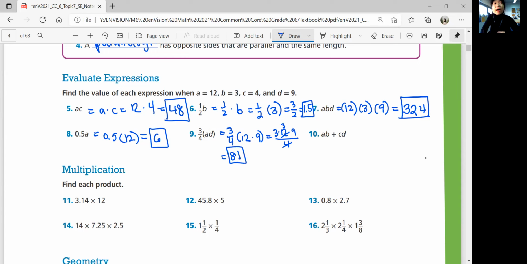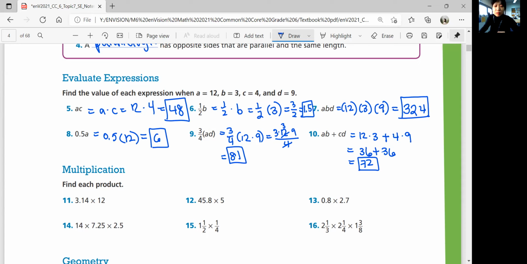Number 10, AB plus CD. 12 times 3 plus 4 times 9, which is 36 plus 36. And that is 72. Did you get them all right?